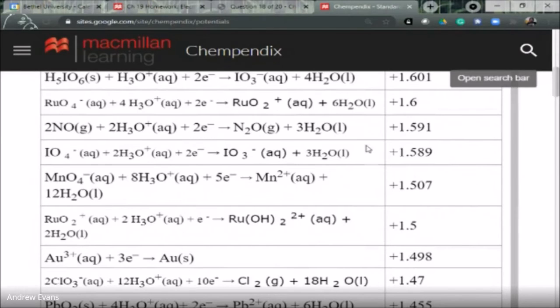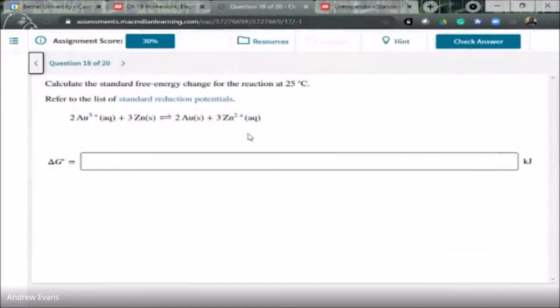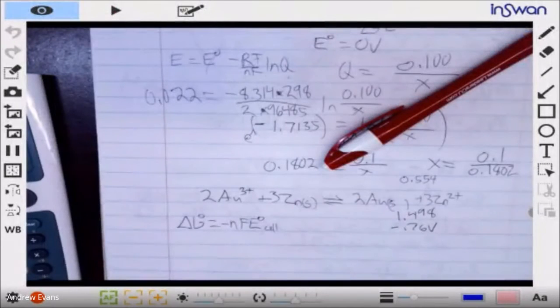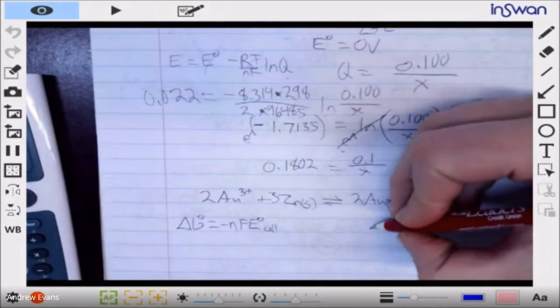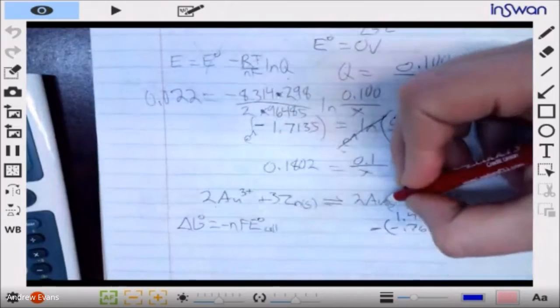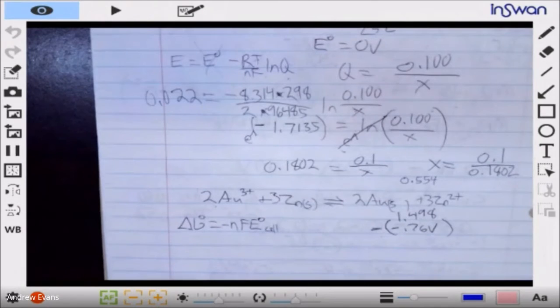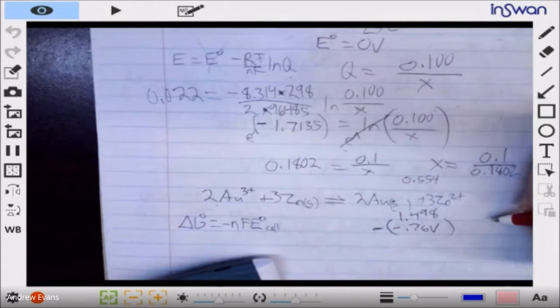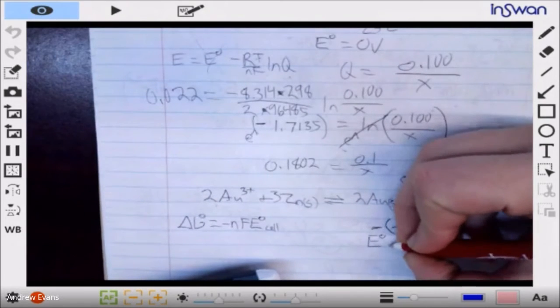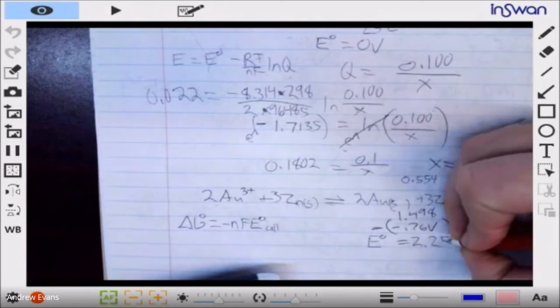But okay, I got the values I need. So we do the reduced minus the oxidized. So I'm subtracting the negative. We're going to get a big number, 1.498 minus negative 0.76. You get E cell equal to 2.258 volts.